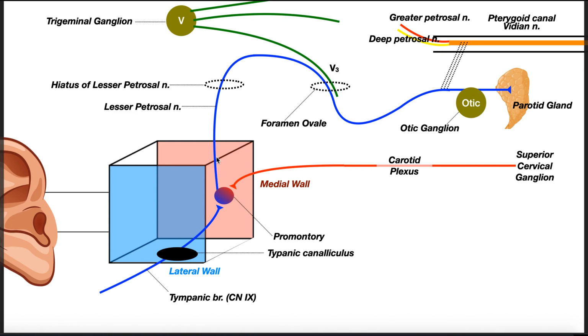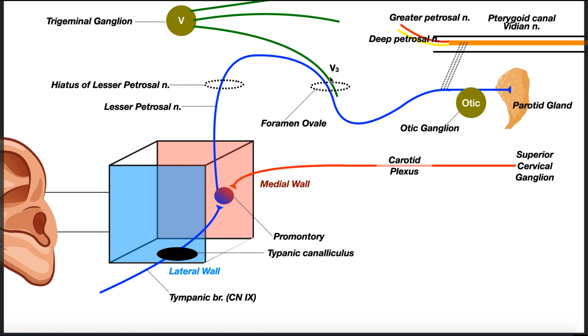Now this lesser petrosal nerve that comes off of the tympanic plexus is actually going to enter the cranial cavity through this little hole here called the hiatus of the lesser petrosal nerve. And now it's inside the cranial cavity. Well, it's actually going to loop back out, which seems kind of redundant, but it does. And the hole that it loops out of the cranial cavity from is called the foramen ovale.